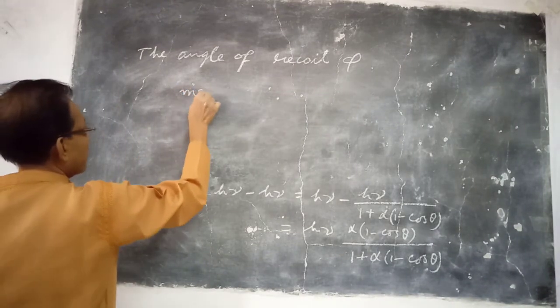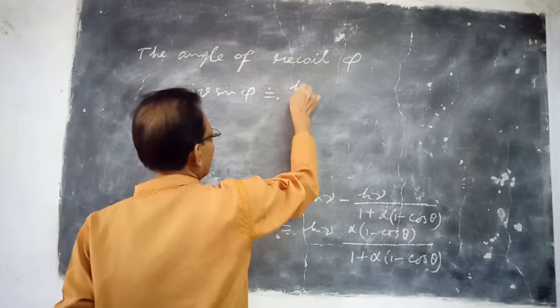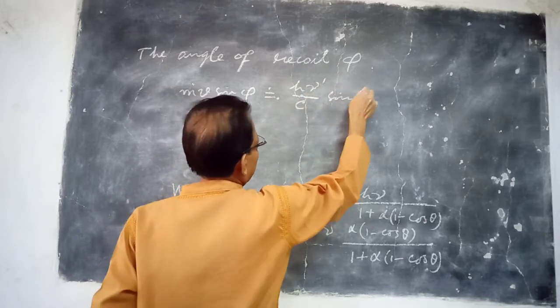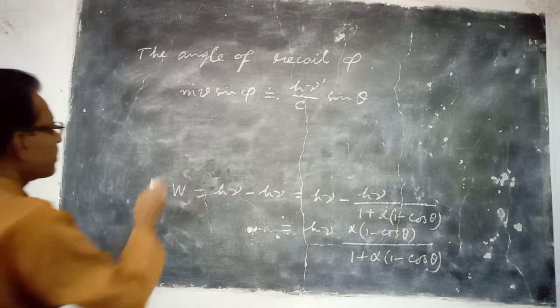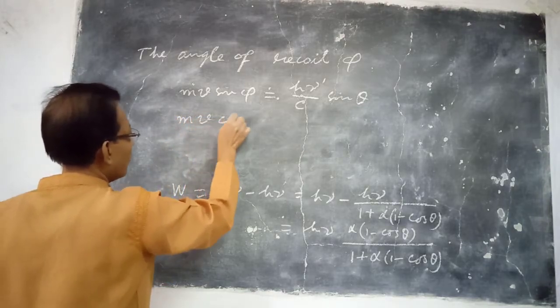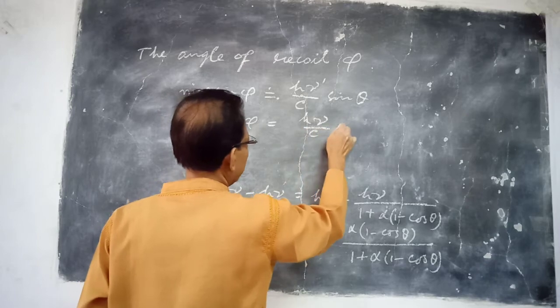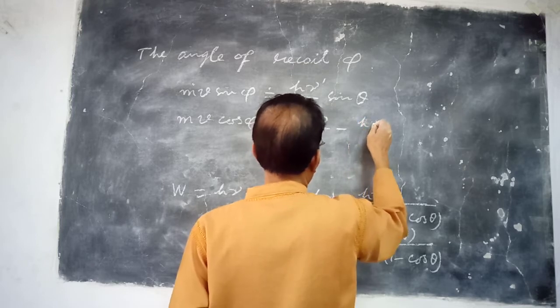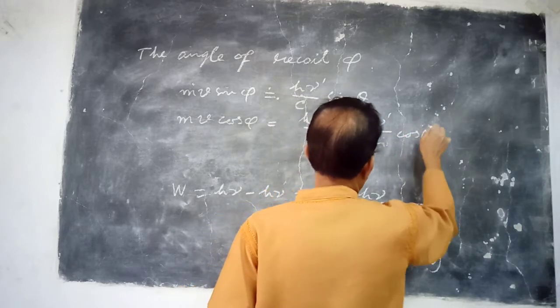One is mv sin phi equals h nu prime by c sin theta, and another equation is mv cos phi equals h nu by c minus h nu prime by c cos theta.